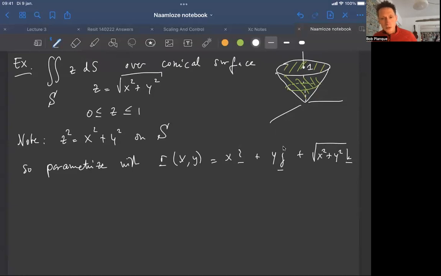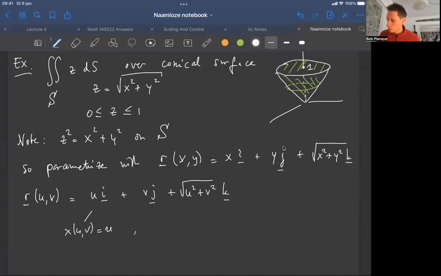But since I've just introduced the notation with x and y being component functions of u and v, I'm going to change my exposition from the book and write it in this form. So that x of u and v is u, and y of u and v is v, and z of u and v is the square root of u squared plus v squared.